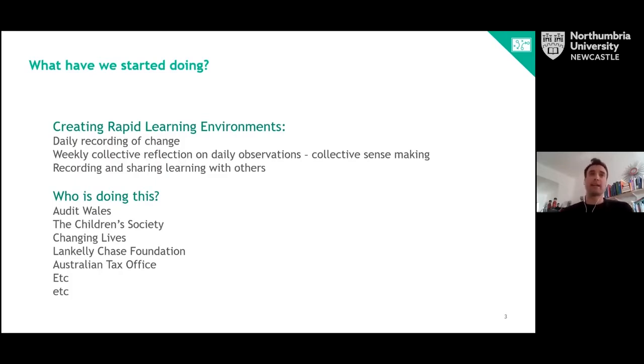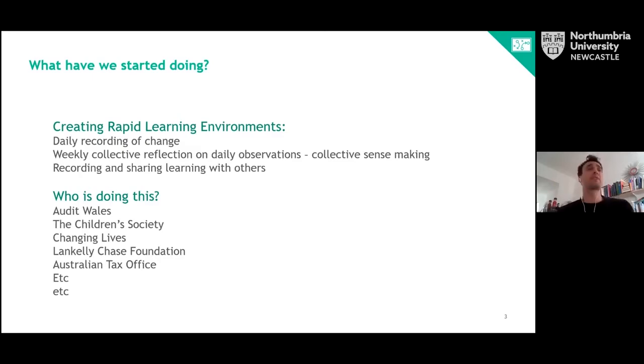Creating weekly collective reflection on those daily observations, these opportunities and acts of collective sense-making. And then using those collective sense-making processes to record and share that learning with others in a way that transmits this rapid learning across a system.